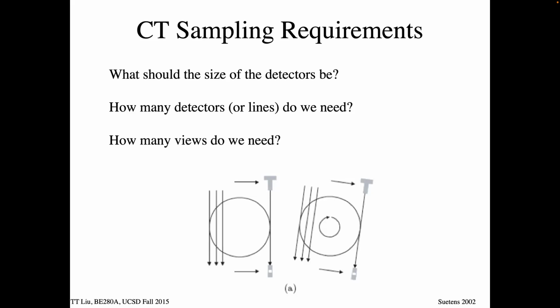So the question that was asked by the students was, how many projections do I need through this object in order to create a reasonable picture? What is the separation between readouts, if I take a readout and then move and take another readout, what's the spatial rate at which I have to sample?